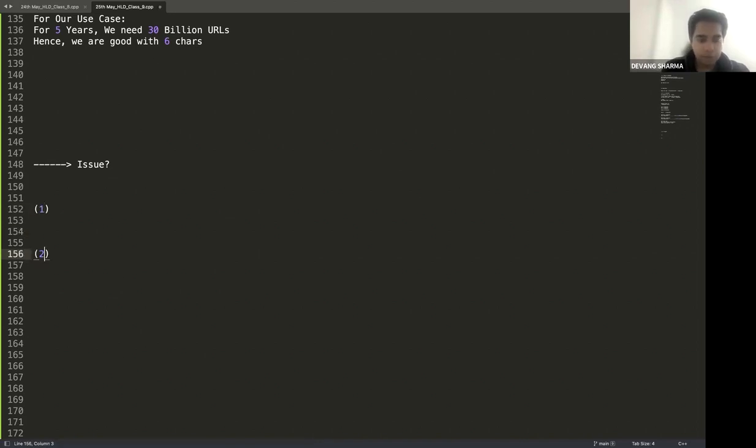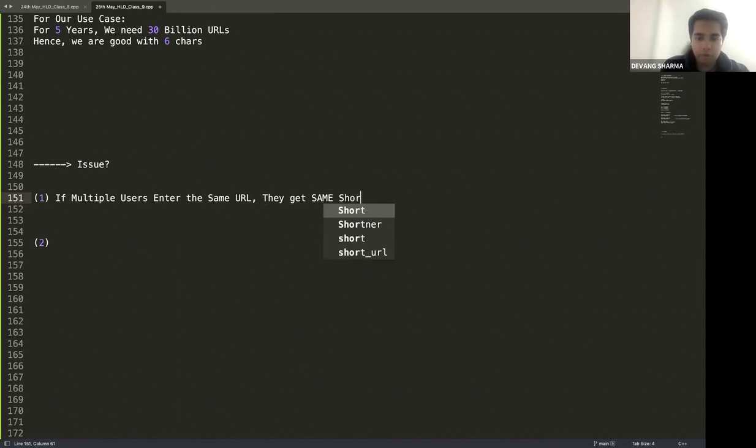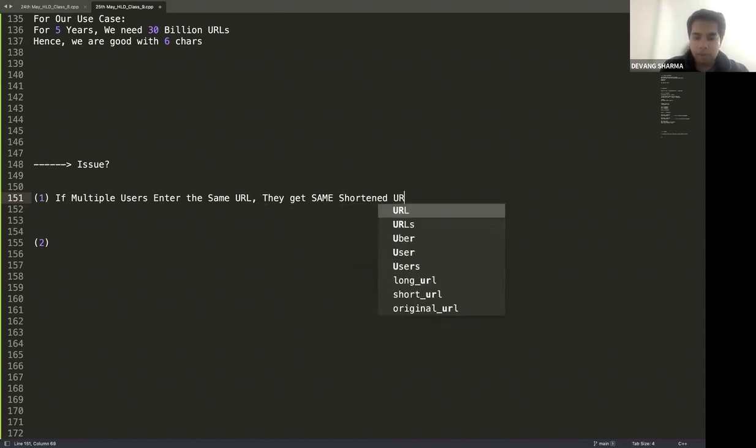Some of you have got the first issue correct. The second issue nobody has talked about. That is also a very critical issue. The first issue is that if you are barely doing a hash encoding on a long URL to a short URL, it's going to lead to multiple problems. If multiple users enter the same URL, they will get the same shortened URL.